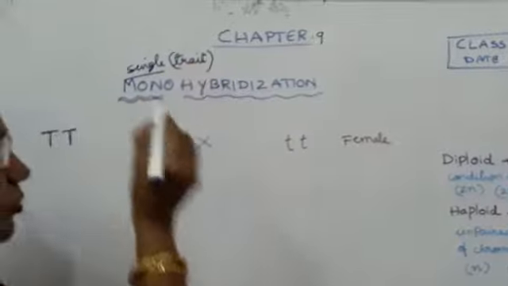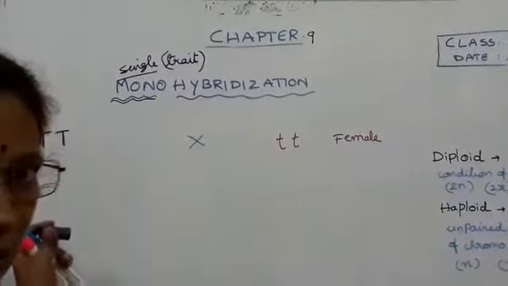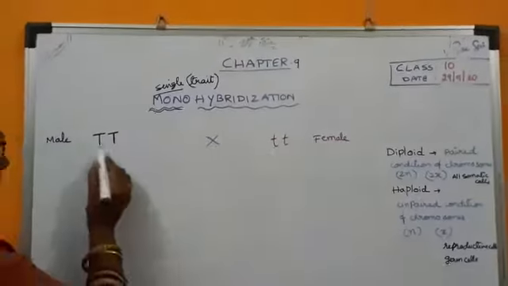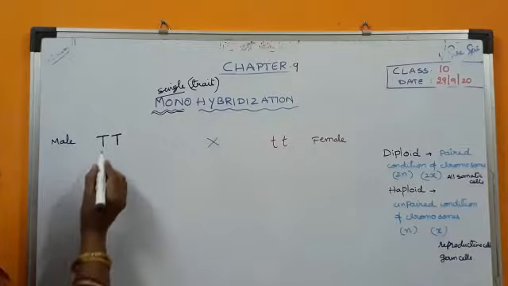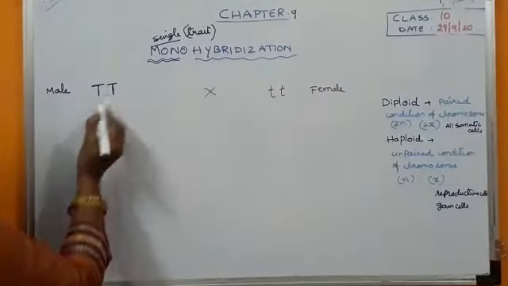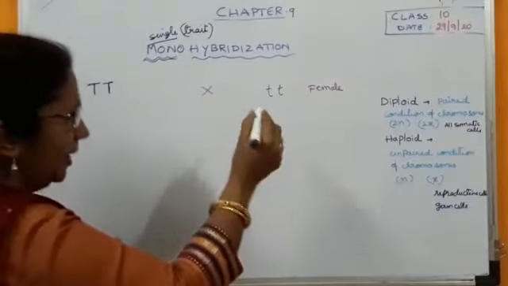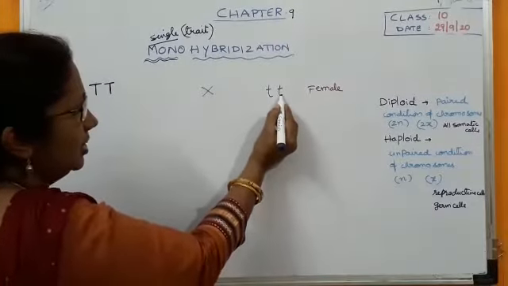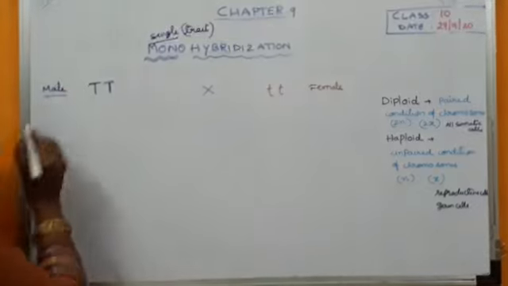For example, he took one pure tall plant and a pure short plant. The pure tall plant is represented as capital T, and the short plant as small t. Here he considered this as the male plant and this as the female plant.